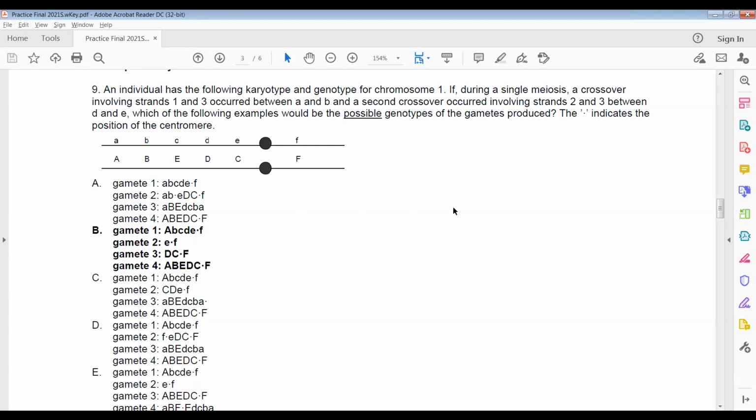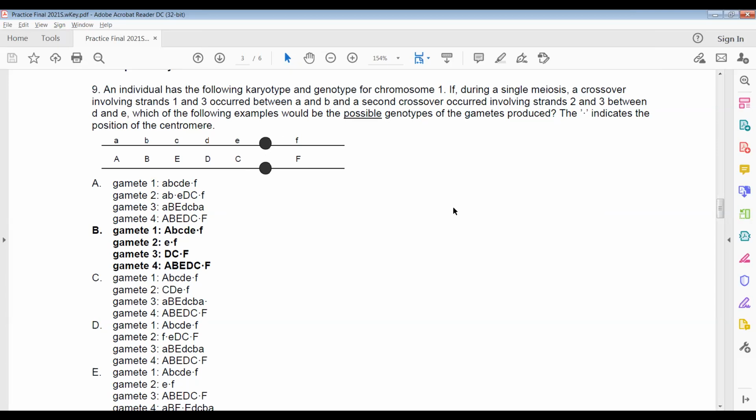Professor, before we go forward, the way this question is formatted, the answers say there are 4 gametes. So I'm guessing there are going to be 4 different strands, theoretically, in this problem. Would they be stacked in this order, lowercase, uppercase, lowercase, uppercase?